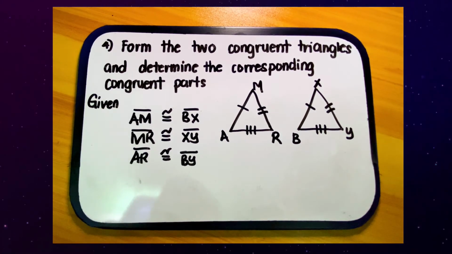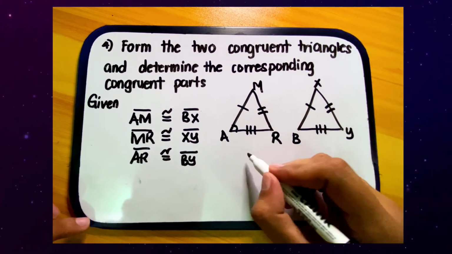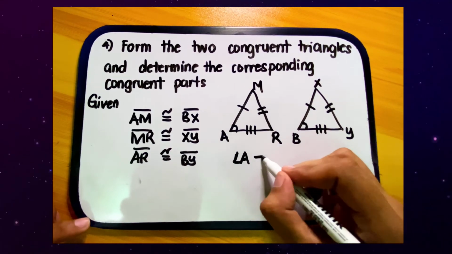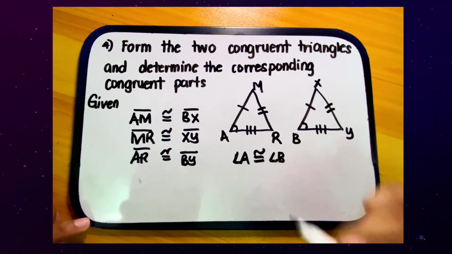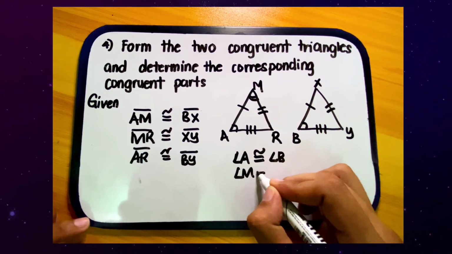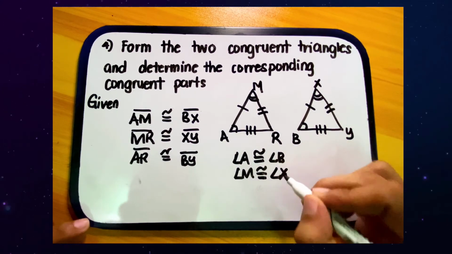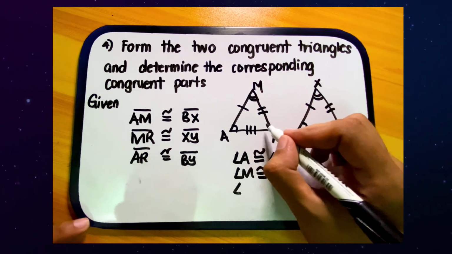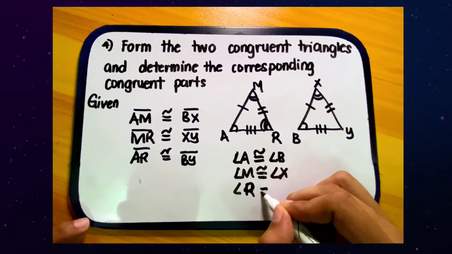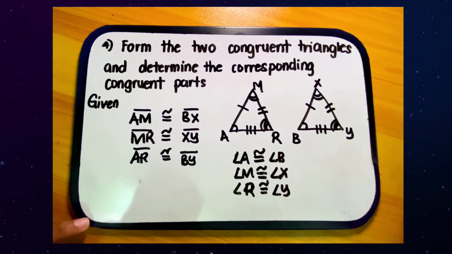Now for the angles, based on our figure, we have this angle A. Angle A is congruent to angle B. Angle M is congruent to angle X. And angle R is congruent to angle Y.